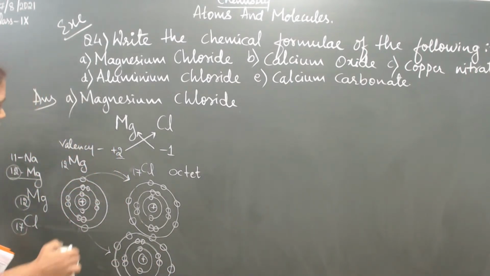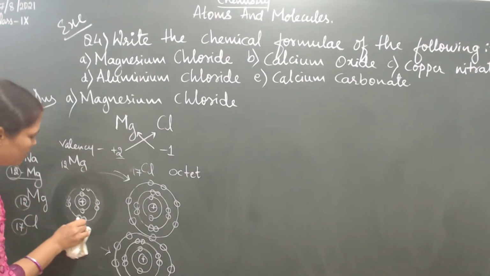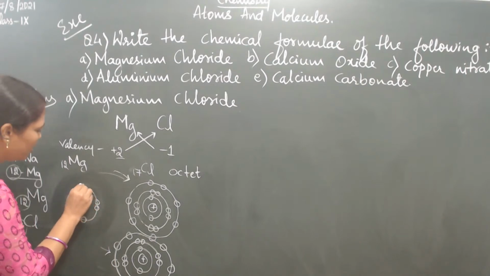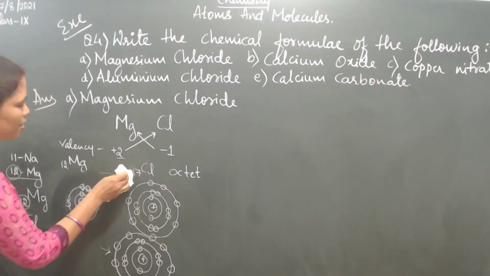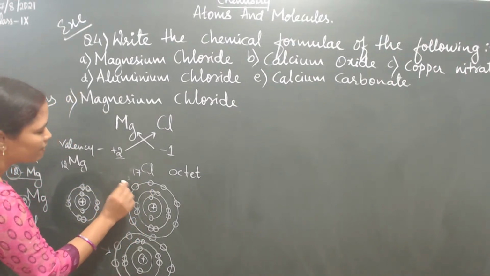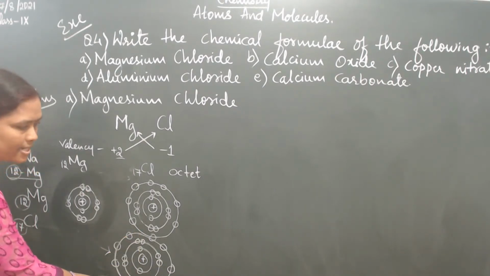When it donates the electrons to the 2 chlorine atoms, the first chlorine atom attains stability, and the second chlorine atom will also attain stability.